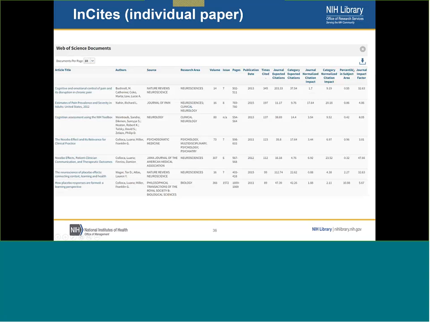And here is the percentile in subject area. So this is how we see the percentile ranks. Here, Insights uses the inverted percentile, meaning the smaller the number, the better the rank. So this one, 0.55, means that it's a top 1%. And here you can see the journal impact factor.